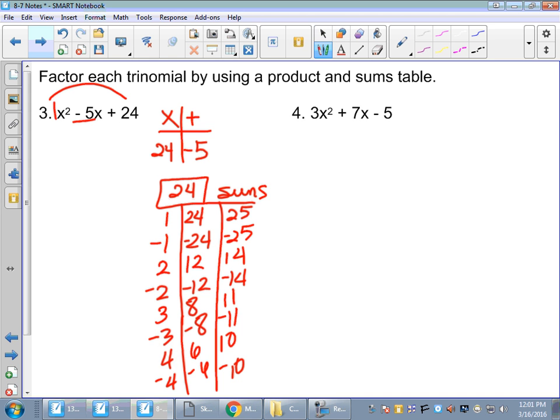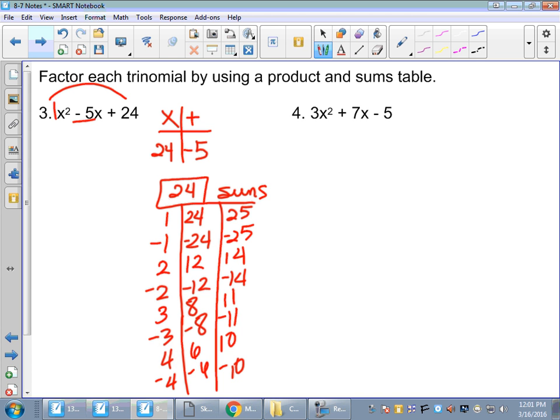So I'm looking for the one that adds up to -5. What multiplies to give me 24 and adds to give me -5? I don't see any combinations that give me that. I don't see -5 anywhere on my page.